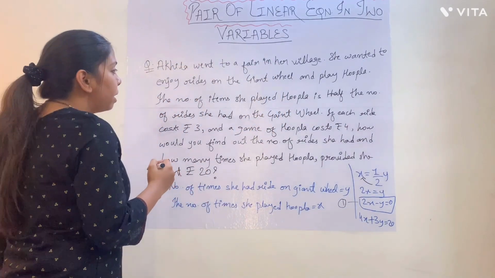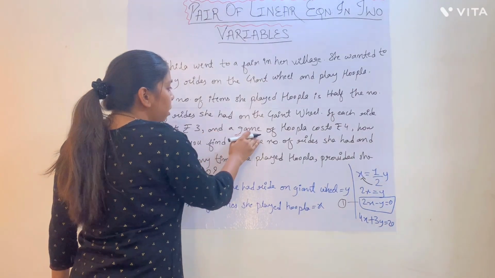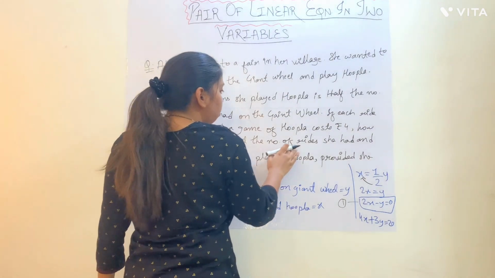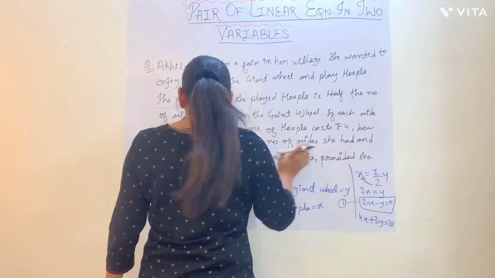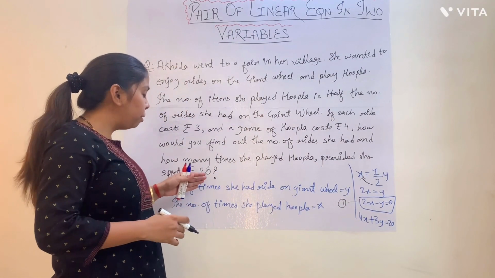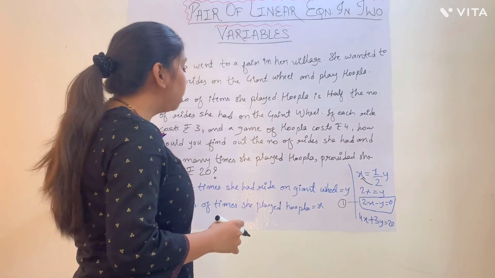Next, if each ride costs rupees 3 and a game of hoopla costs rupees 4, how would you find out the number of rides she had and how many times she played hoopla, provided she spent rupees 20 in total?